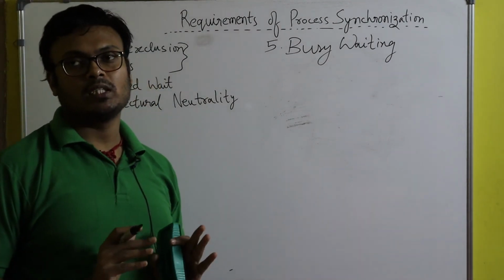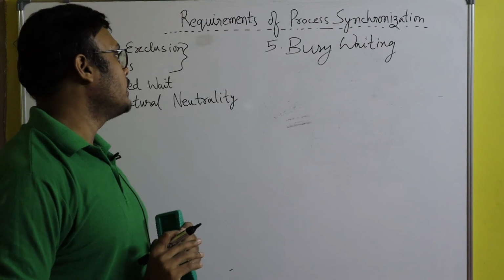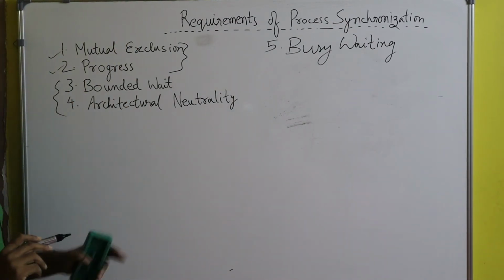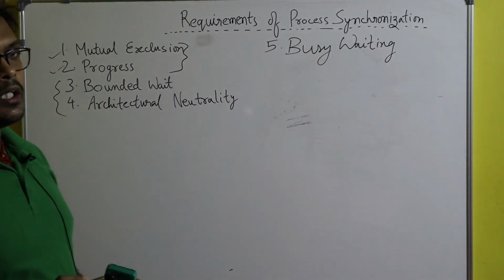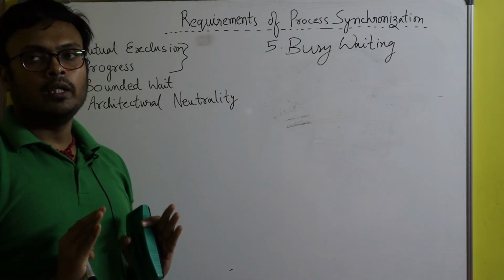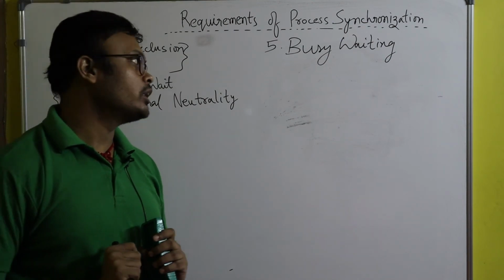And the rest, 3 and 4, are secondary. Even if 3 and 4 are not satisfied, but 1 and 2 are satisfied, then we can call it a successful process synchronization.